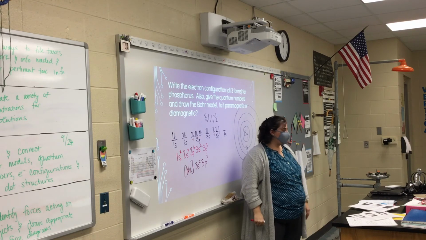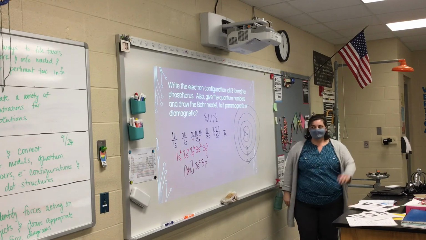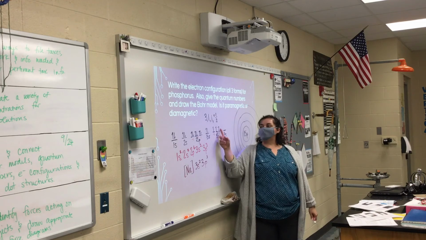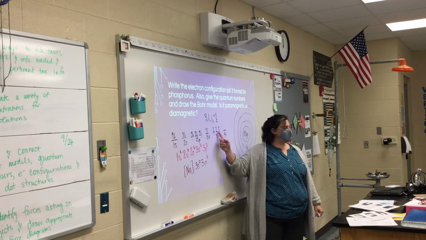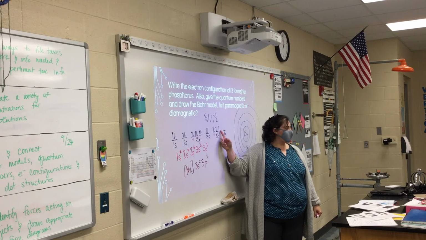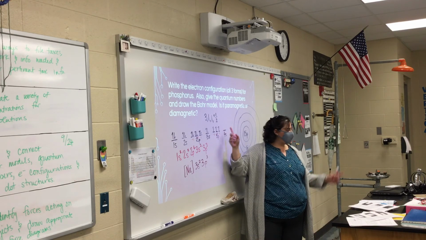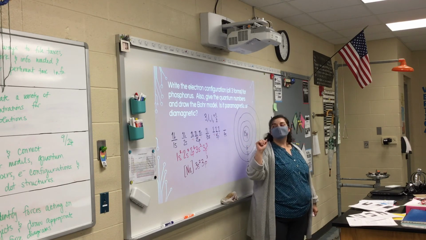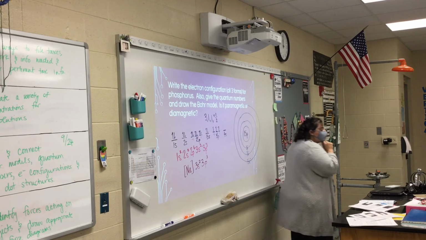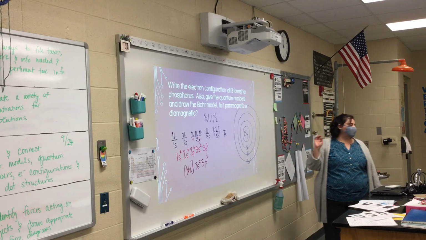That's a lot of rings. So do you see how we have up arrows here but no down arrows to go with them? Those are unpaired electrons. Yes. If it's paramagnetic, you have unpaired electrons.